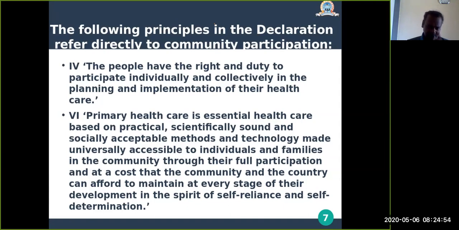Then declaration number 5 emphasizes again that it is essential healthcare service based on practical, scientifically sound, socially acceptable methods and technology, made universally accessible to individuals and families in the community through their fullest participation, and at a cost the community and country can afford to maintain at every stage of their development in the spirit of self-reliance and self-regulation.